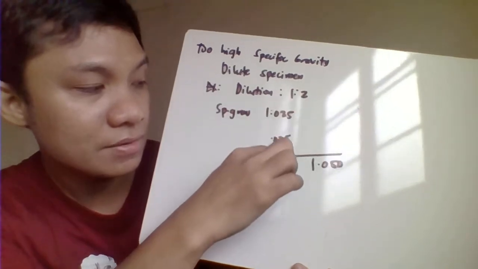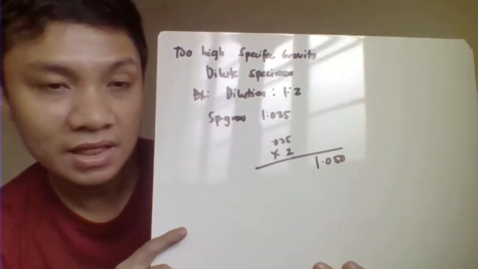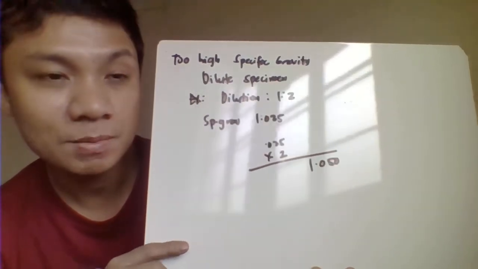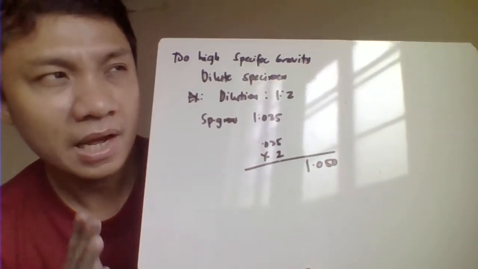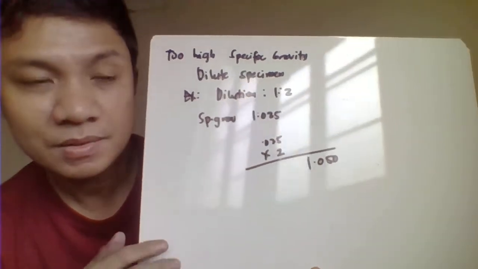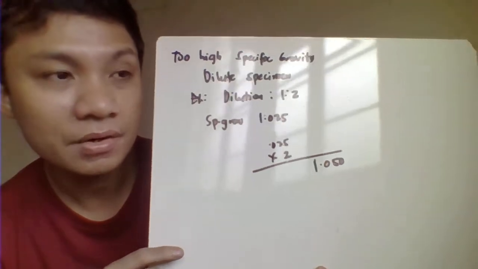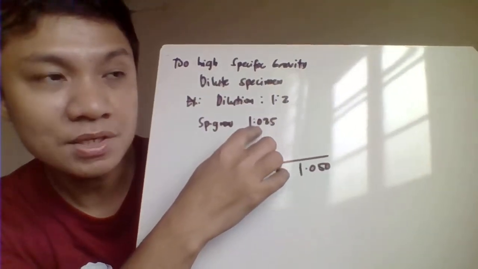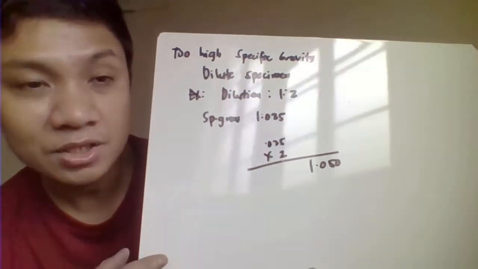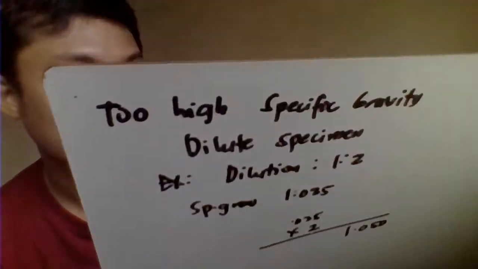Our dilution factor is 2, that gives you 1.050. That's the actual specific gravity reading after you have diluted your specimen. After dilution, since you diluted it into half, the actual is 1.050 for a 1:2 dilution.